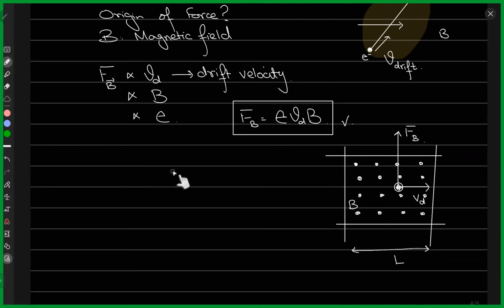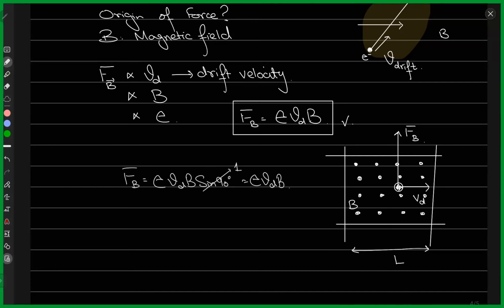Let me write it over here. The formula could be EVDB sine 90, but this is just 1, so it again reduces to EVDB.